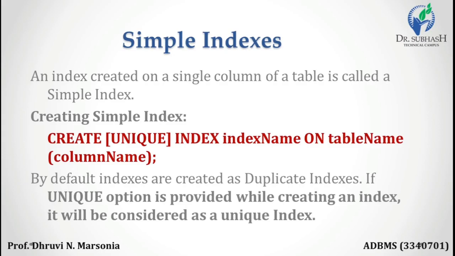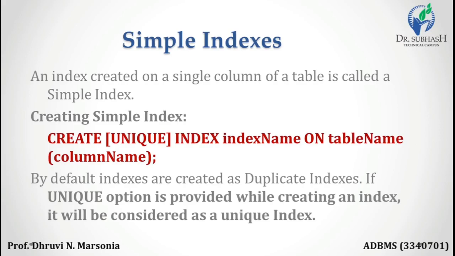Now, the syntax of creating an index is: create [unique] index index_name on table_name (column_name); By default, indexes are created as duplicate indexes. If we do not mention the unique option, then it is automatically created as a duplicate index.